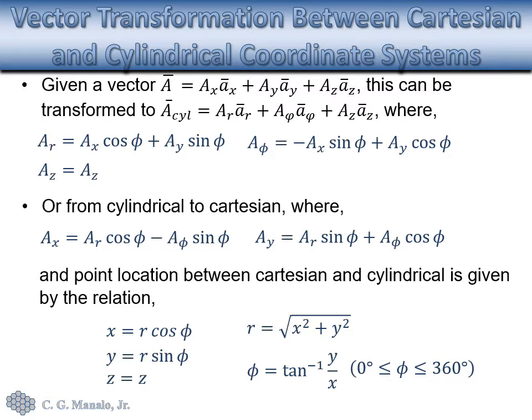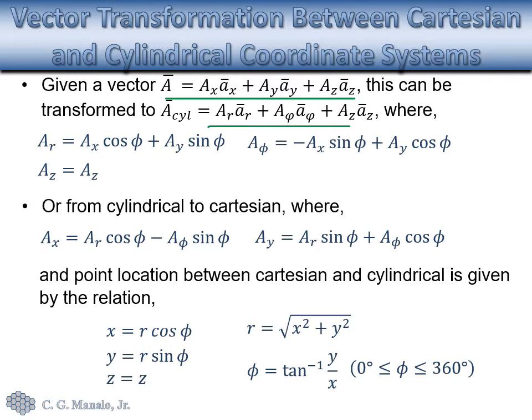Vectors can be transformed from one coordinate system to the other. So let's see how we convert from the Cartesian coordinate system to the cylindrical coordinate system, or vice versa. Let's say I'm given a vector in the Cartesian coordinate system, and I would like to transform that into a cylindrical coordinate system.